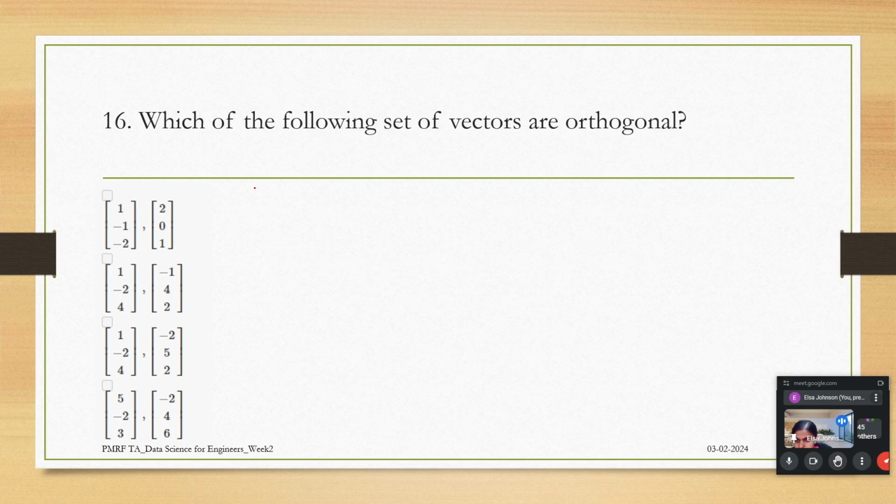We will go through it. 1, minus 1, minus 2 and 2, 0, 1: these are the two vectors. You have to take the dot product, multiplying them.